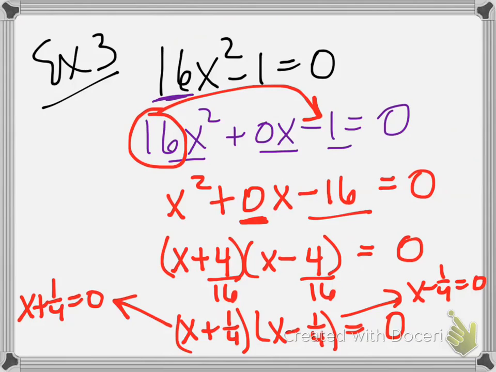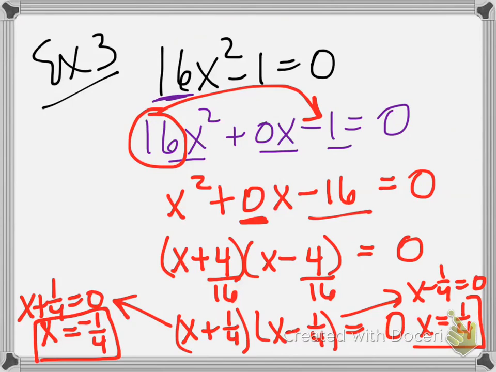So if I subtract 1/4, I get x equals negative 1/4 on this side, and on this side I get x equals positive 1/4. So I didn't even have to squeeze it back in there because I was solving. Anytime that we're solving and trying to find out what x equals, we don't have to squeeze.